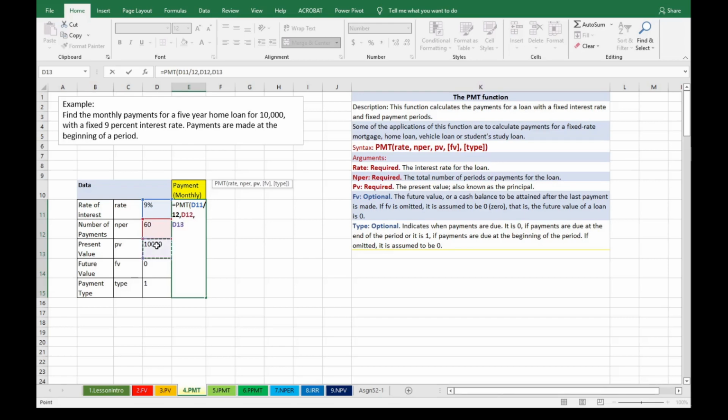PV is 10,000. Then future value of this loan is 0, and the payment is made at the beginning of the period, that is 1. So we'll close the parenthesis and enter, and here we need to pay 206.04 per month for 5 years for this home loan.